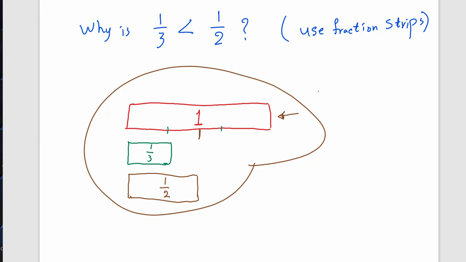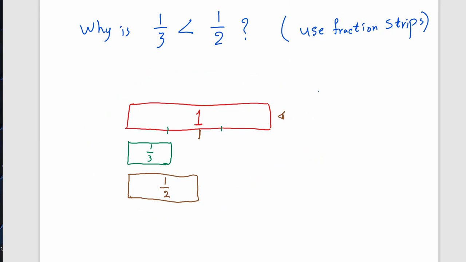Okay. Now, summarize this. What are we doing here? Simply, we say that when we divide more, we get smaller parts.